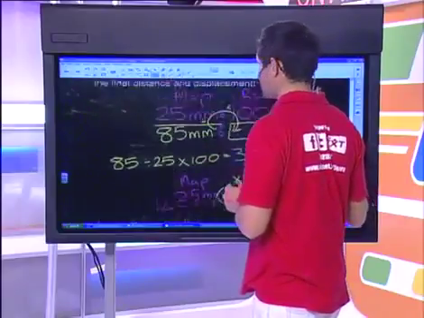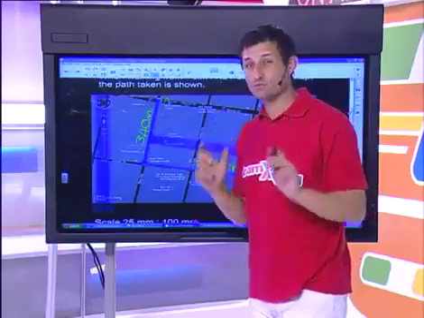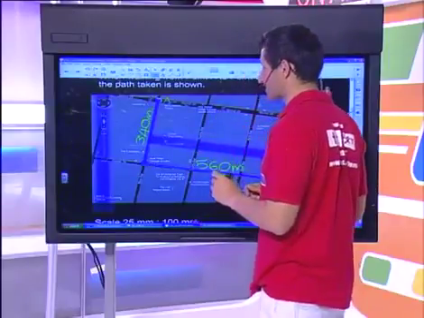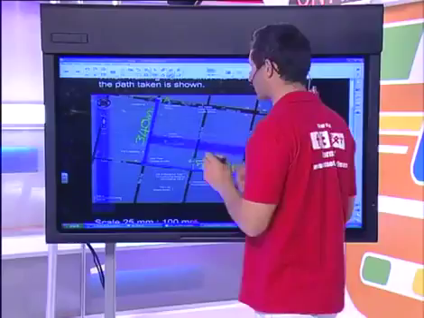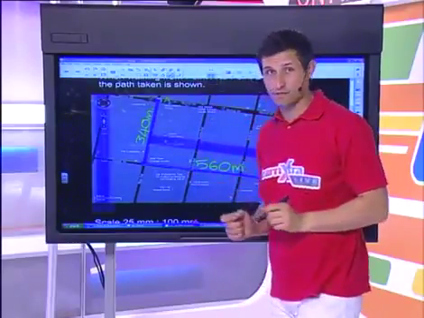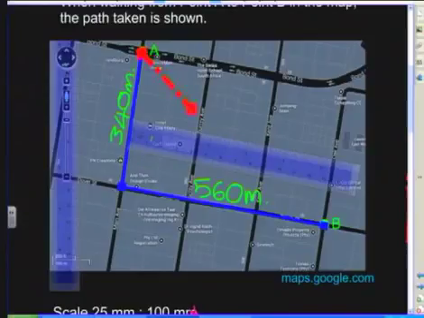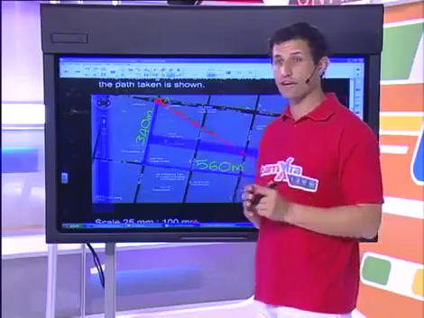Now, here's the thing which I want to impress upon you. Displacement is something slightly different. What I want to do is draw in something called displacement. Displacement is the change in position from our starting point to our finish point directly. Very often it's described as the crow flies.